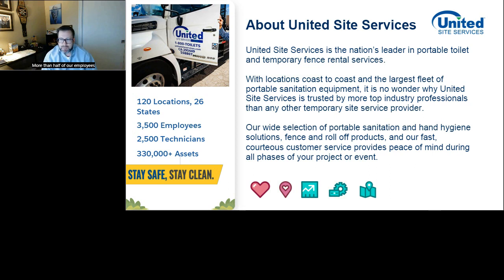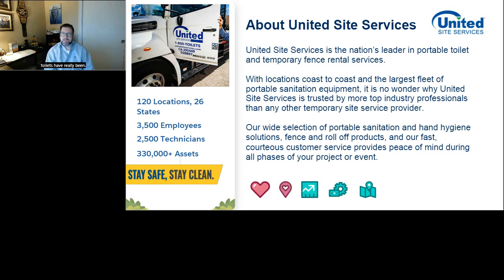More than half of our employees are in a truck every day delivering or servicing portable toilets. Servicing these toilets has become more essential than ever during this pandemic that we're dealing with. We're on a mission. USS is truly on a mission to raise the standards of cleanliness and change the perception of portable sanitation.